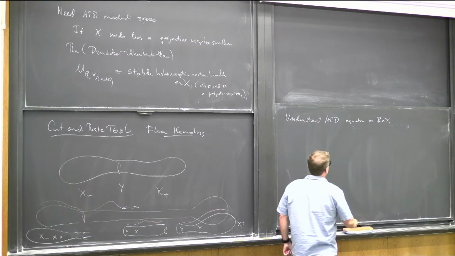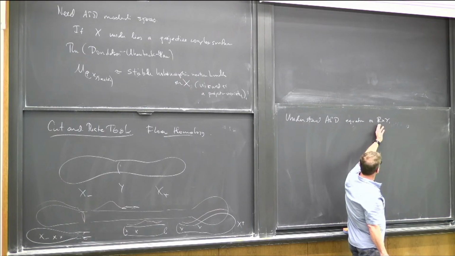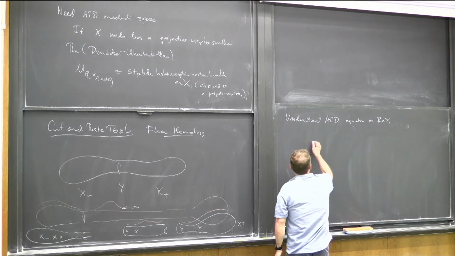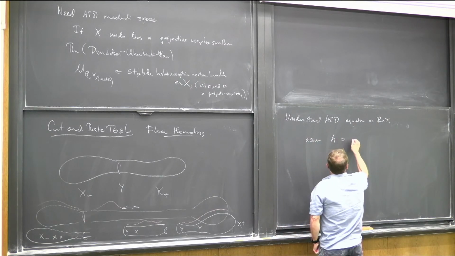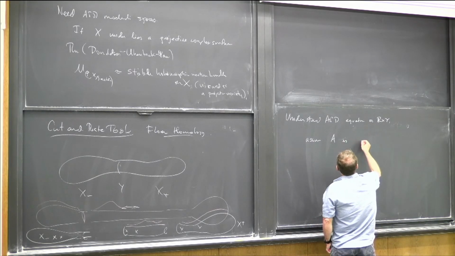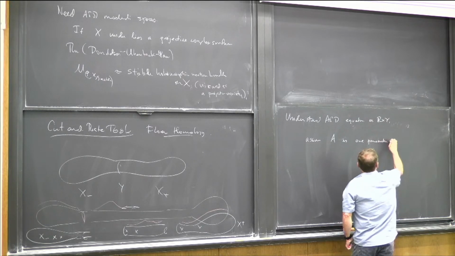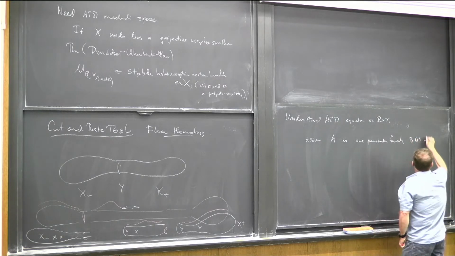One thing we can always do if we have a connection on a product is we can do a gauge transformation so that the derivative in the t direction is just the product. So we can assume that our connection A is really a one-parameter family B_t of connections on Y.